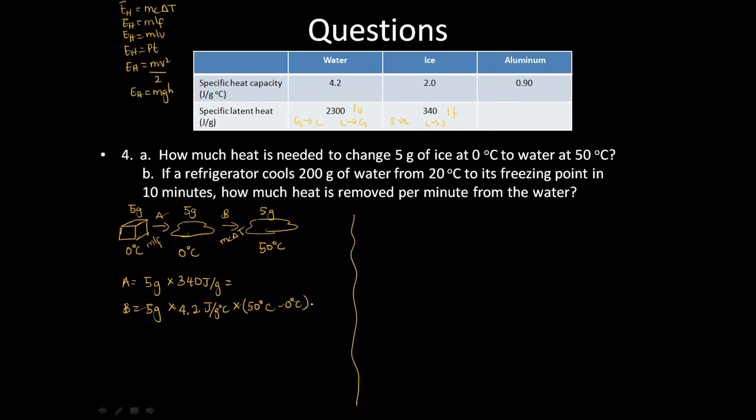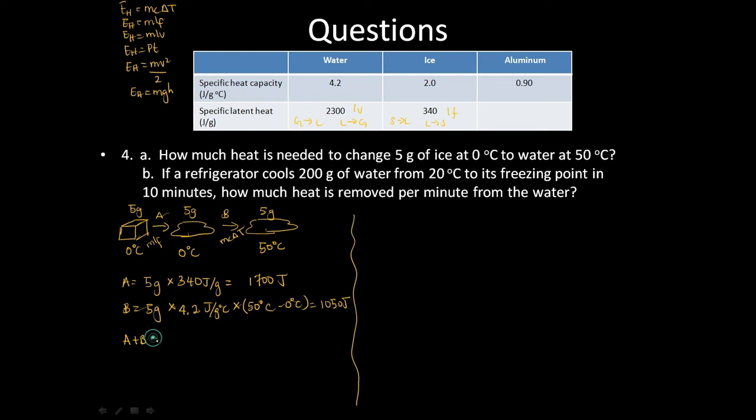Okay, and if we work that out now, we have 5 times 340. We get 1700 right there, and then we have 5 times 4.2 times 50. So it's all a process, and you get 1050 joules, and you just add both of them up to get the total heat needed.